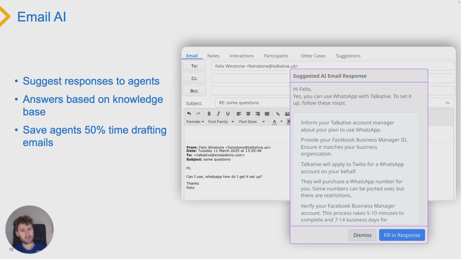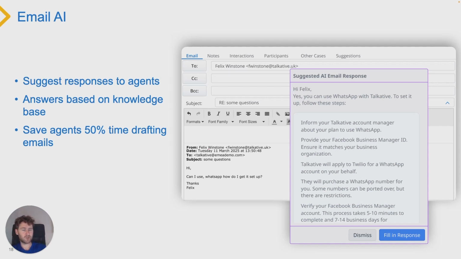Email, again, if we break it down to its question and its response, is very, very similar to chat. And the tools that you're using should hopefully allow you to respond automatically to customers over the email channel using the same knowledge base you built for chat.